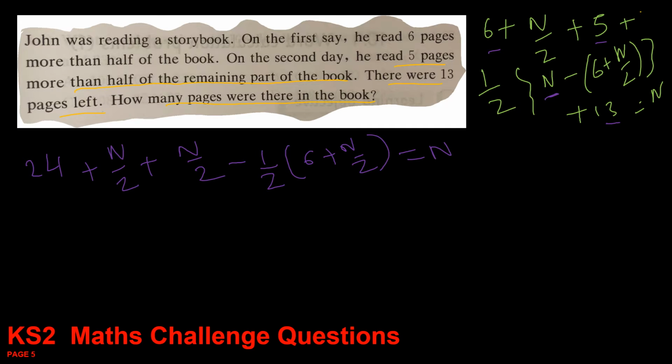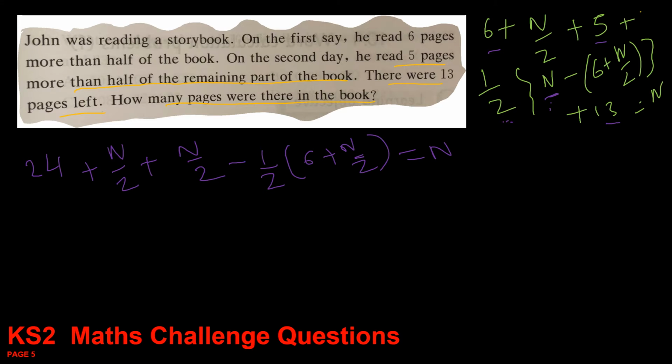Let me check. We have 24, then n by 2 plus another n by 2. This is one n by 2, this is the other n by 2, so we have two n by 2s. And then minus half of 6 plus n by 2, and then the total is n.